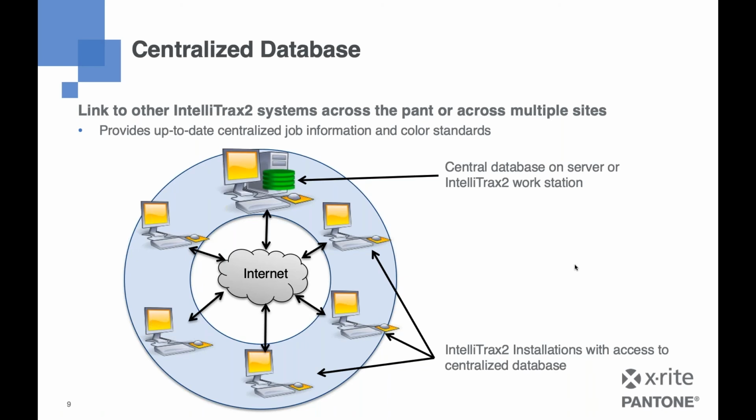Then what we also do with both of the software, you can have a centralized database. So if you have multiple presses in your print shop or across multiple plants, you can access this from one database. And this also works if you have presses from different press suppliers.